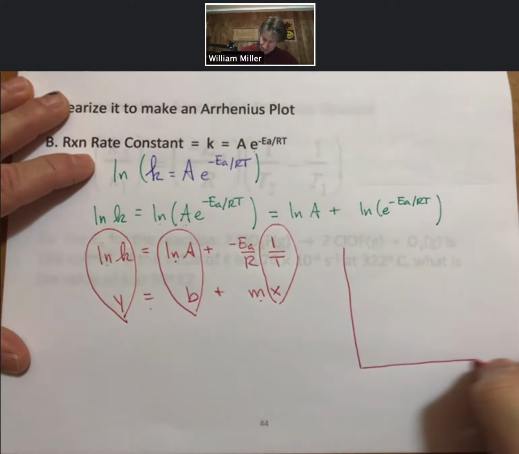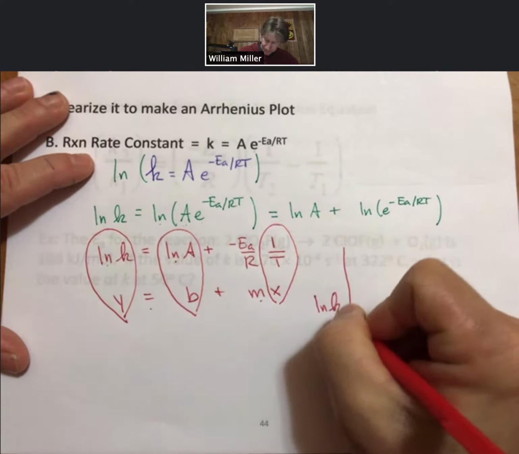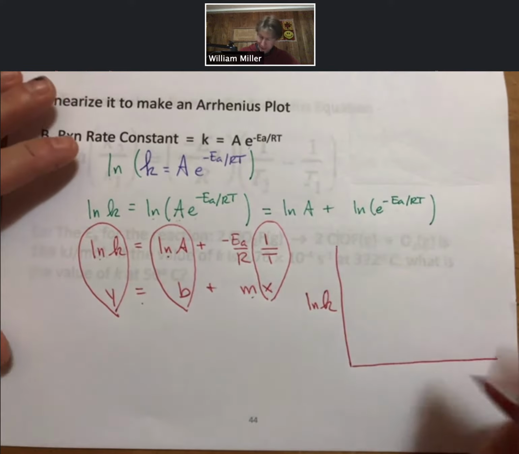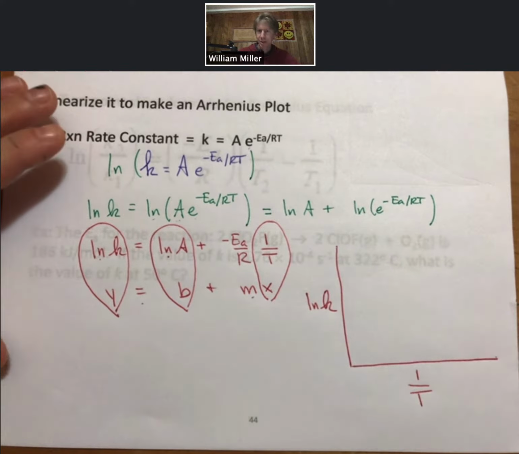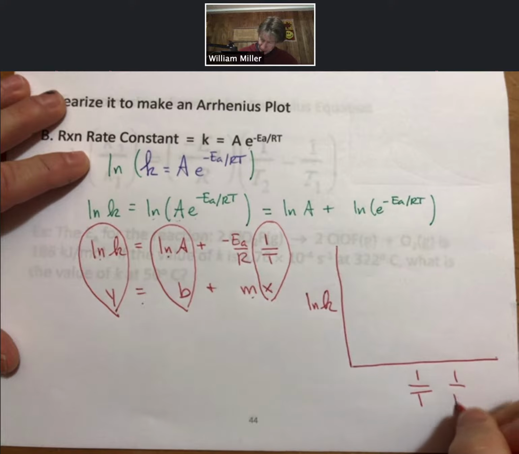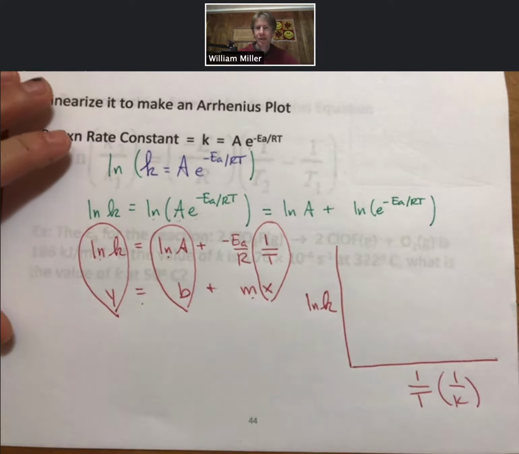So natural logarithm of the rate constant versus 1 over temperature, where our units have to be in 1 over Kelvin.